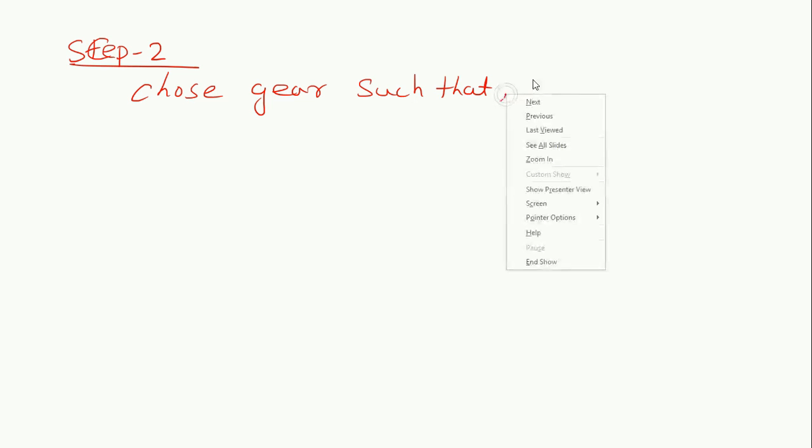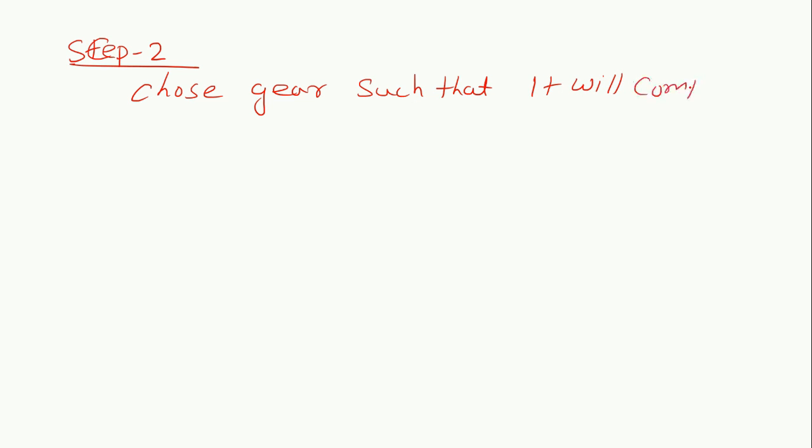So step 2, choose the gear ratio. Choose the gear ratio such that it will automatically compensate the difference between N and N prime.